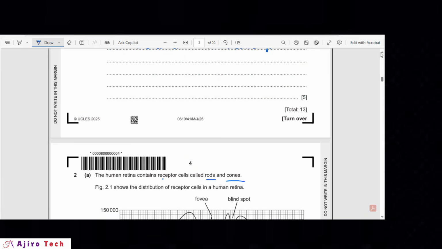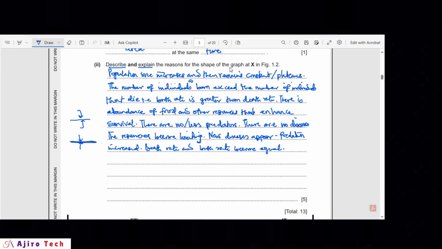So here you have been able to give more than 5 points. 1 for the description, 1 mark. The number of individuals born exceed the number of individuals that die, 2 marks. There's abundance of food and other resources that enhance survival, 3 marks. Of course, there are less predators, 4. There are no diseases, 5.